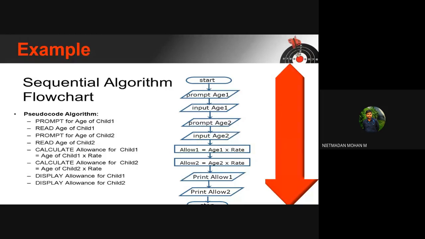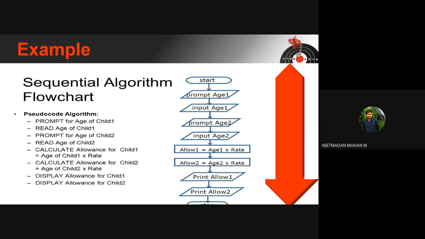Just tell me what is really happening there. Sir, finding the age of children. Finding the age of the children, okay. So getting the age of the children, applying a rate, and printing the allowance of each individual child. Fine.